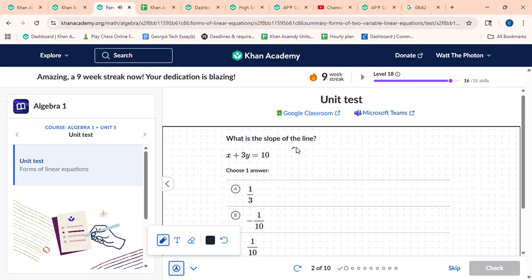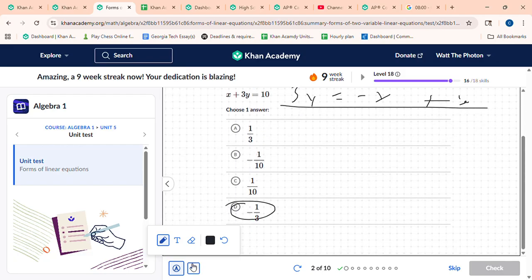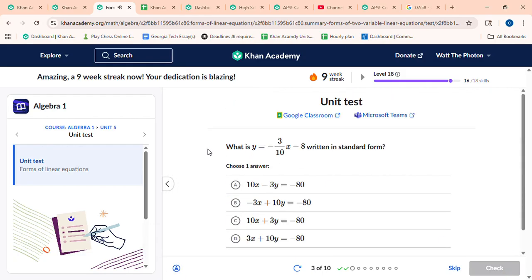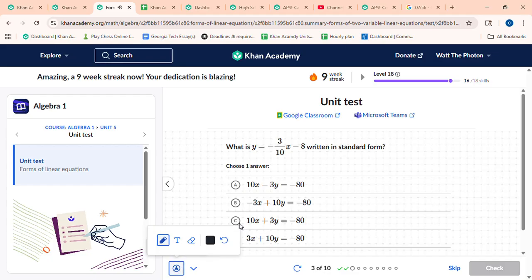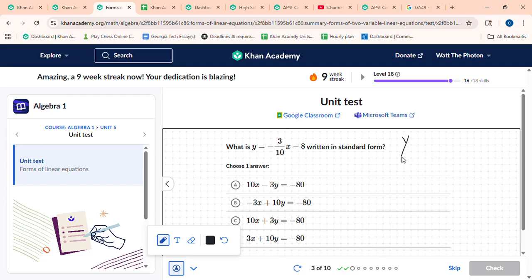Okay, well we have 3y is equal to negative x plus 10, divide everything by 3, negative 1/3 x, which is d. What is this written in standard form? So we can multiply this across, we get y. I'll just multiply everything by 10, is equal to negative 3x minus 80.